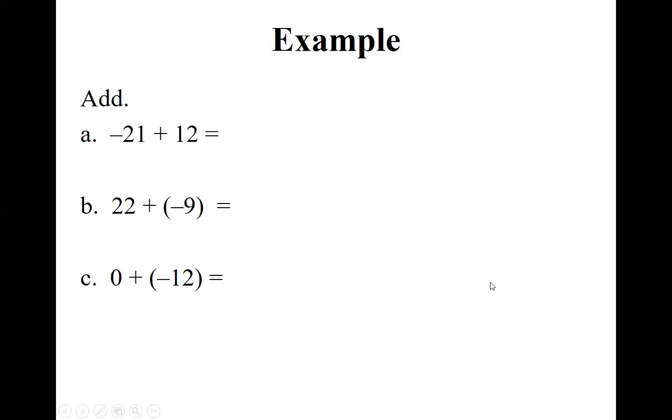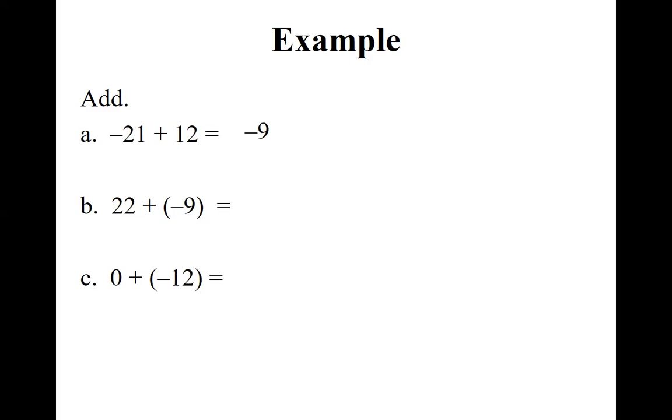Some practice. Negative 21 plus 12. The 21 is larger, so our answer is going to be negative. 21 minus 12 is 9, so negative 9.